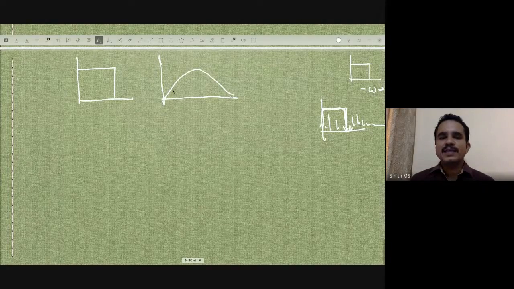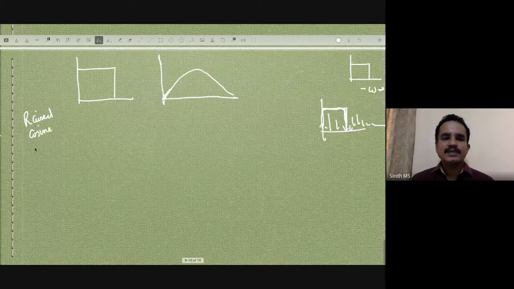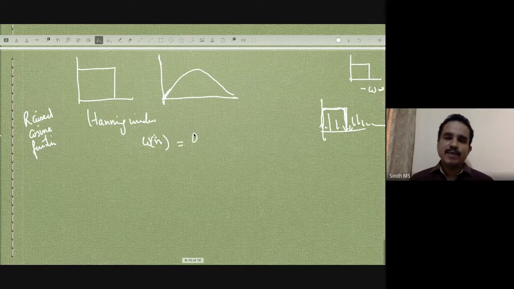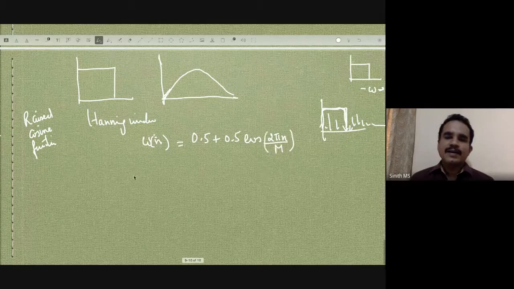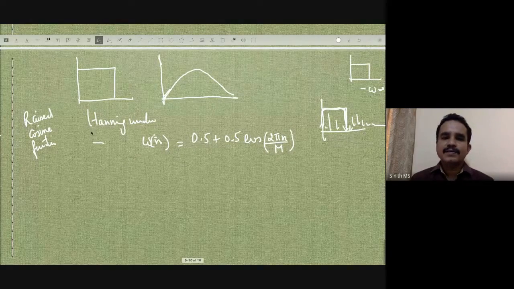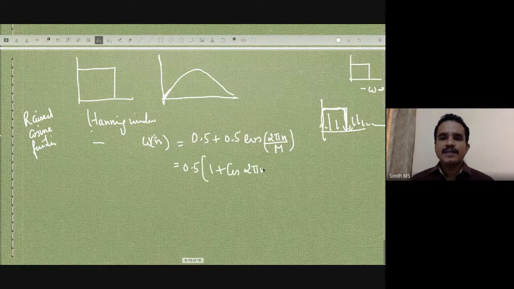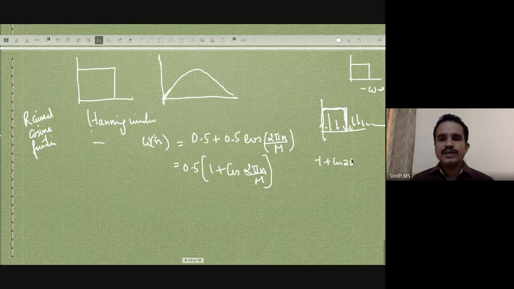Hanning windows are basically raised cosine functions. The Hanning window is basically 0.5 plus 0.5 cos 2 pi n by M. Basically you can see that this can be written as 0.5 into 1 plus cos 2 theta, and 1 plus cos 2 theta by 2 is cos square theta.